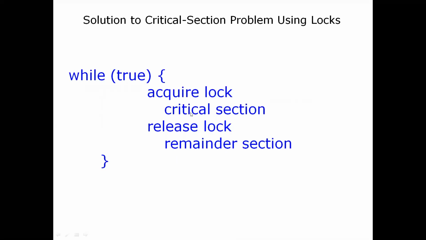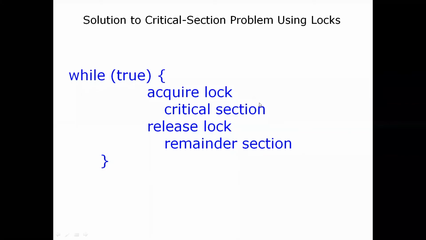First, before entering the critical section, the process should acquire the lock, then enter the critical section. After completing execution in the critical section, the process should release the lock. Once the process releases the lock, the critical section is free to be acquired by any other process willing to enter.